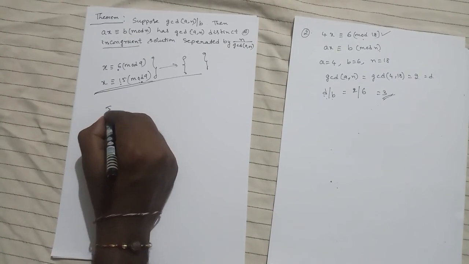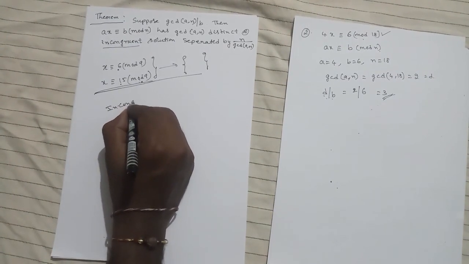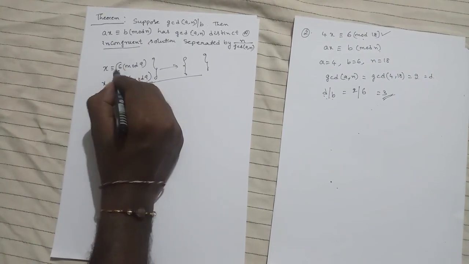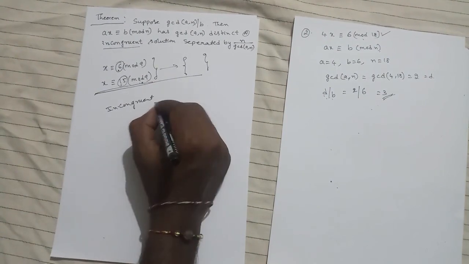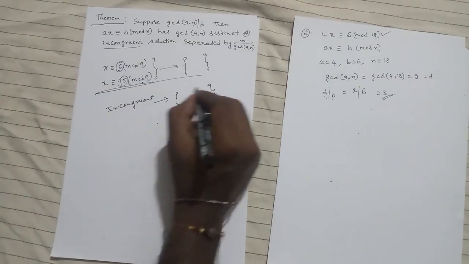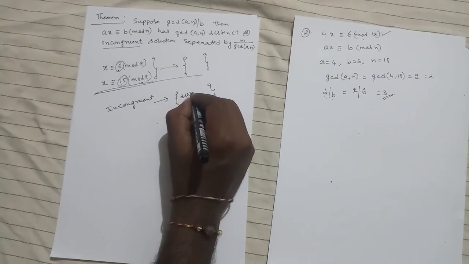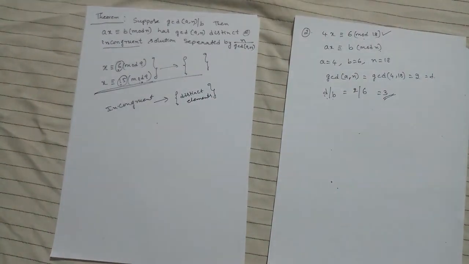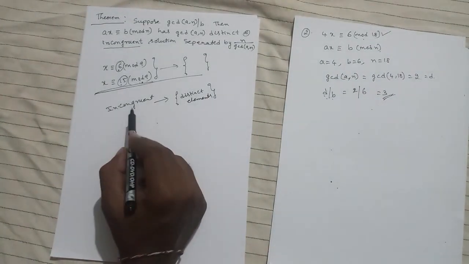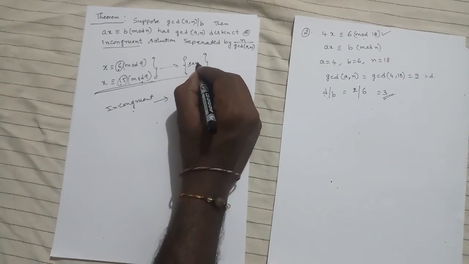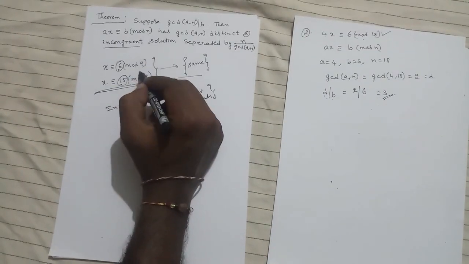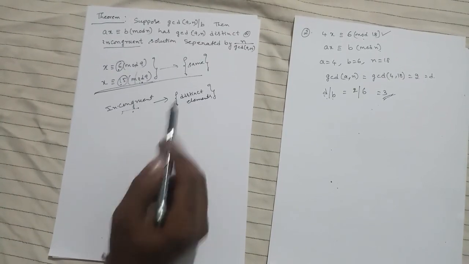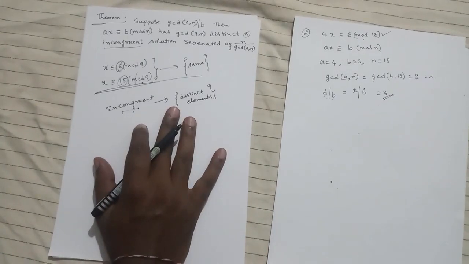In incongruent, suppose the remainder is different here and here also, then you will get distinct elements. That is called incongruent. You will get the same number of sets in both equations, but in incongruent you will get different numbers of elements.